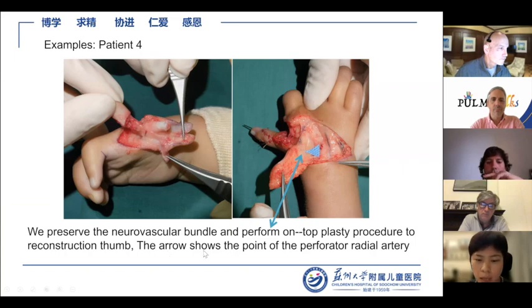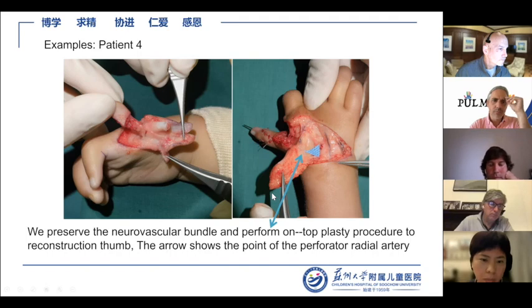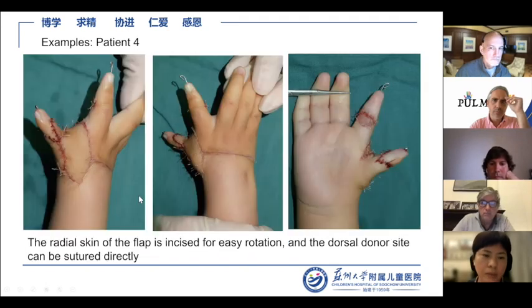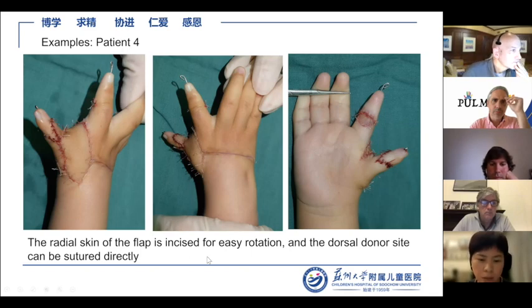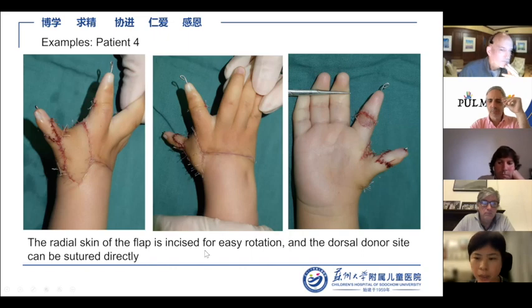The arrow shows the point of the perforator of the radial artery. After the surgery, the radial skin of the flap is incised for easy rotation, and the dorsal donor site can be sutured directly.